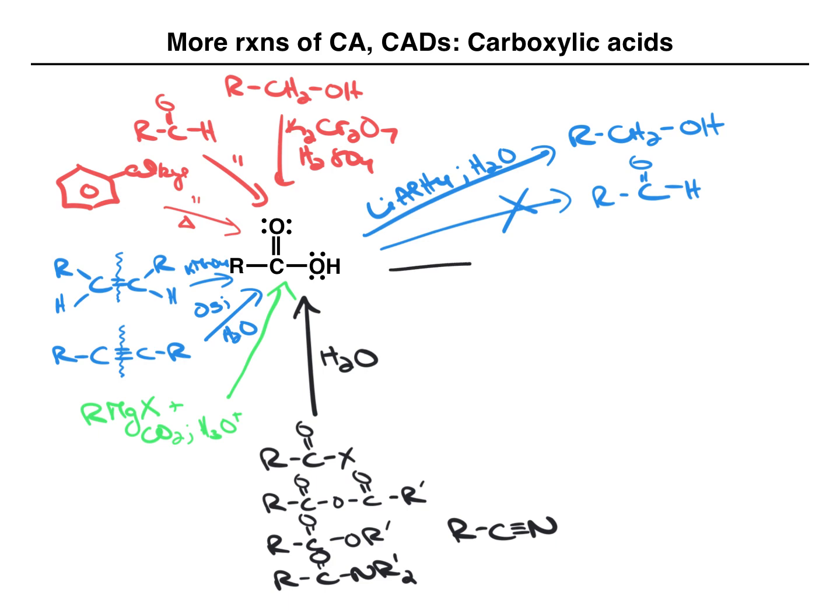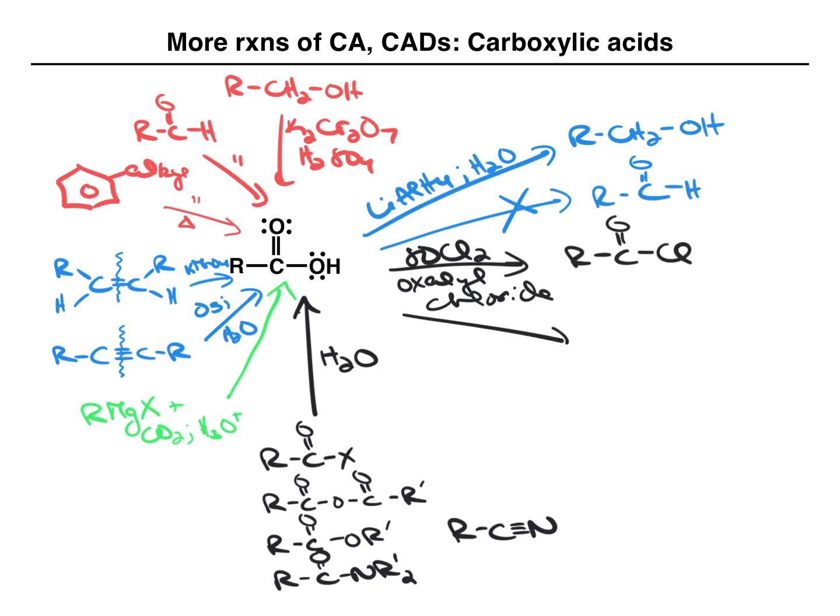We also know that we can treat a carboxylic acid with thionyl chloride or with oxalyl chloride in order to convert this to an acid chloride, or we could use PBr3 to convert the carboxylic acid to the acid bromide. We have a few ways that we could convert a carboxylic acid to an ester.